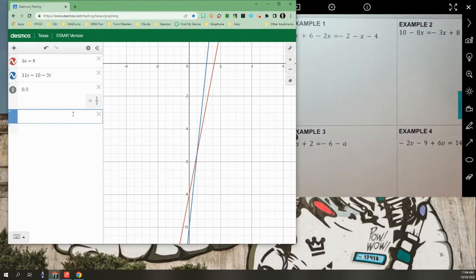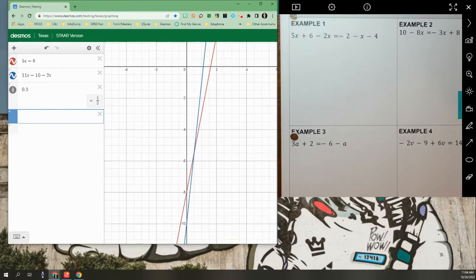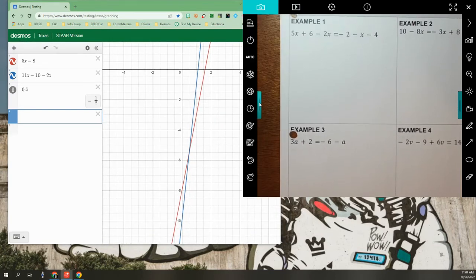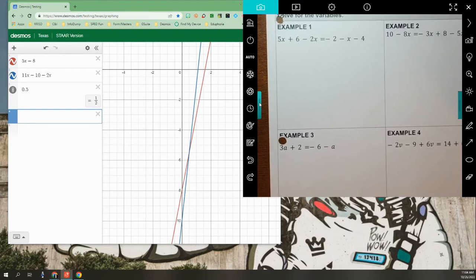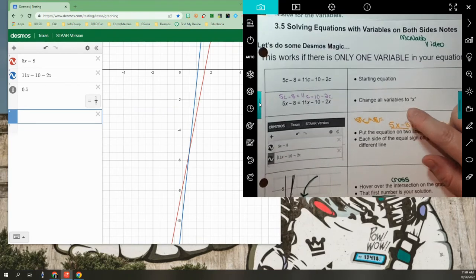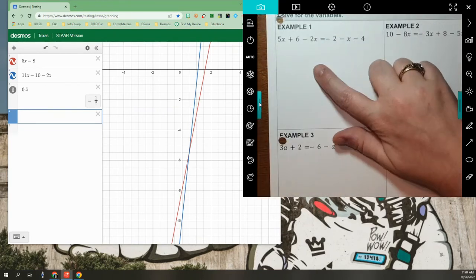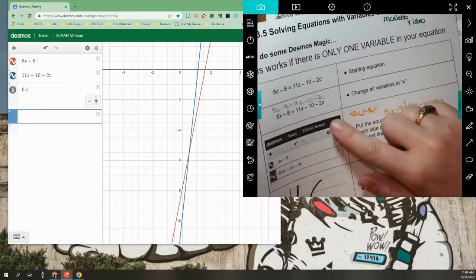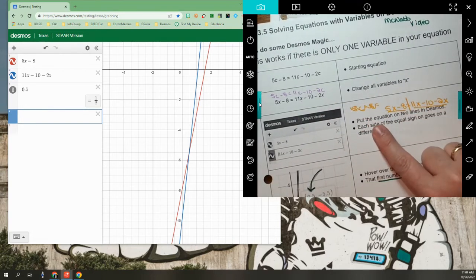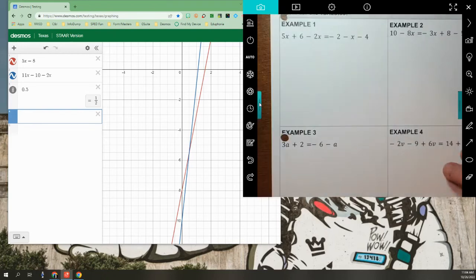Example 1. This is actually pretty easy because I know that all I need to do here is figure out, I don't have to change my variables at all, right? Because I already have x variables. I've only got x variables. So now I'm good there. So now the first thing I do is I put the equation on 2 lines in Desmos.